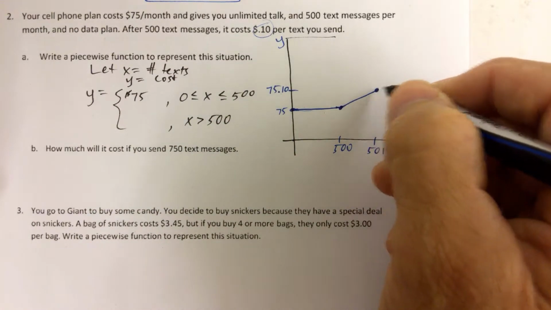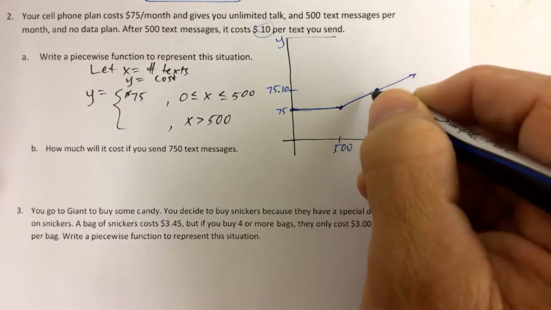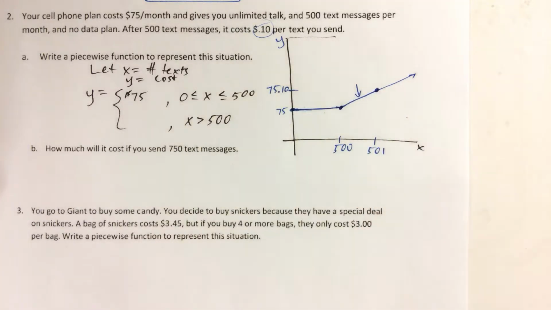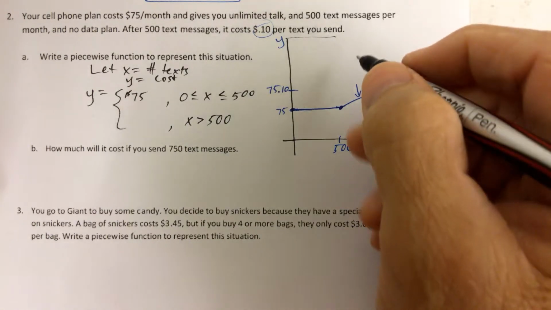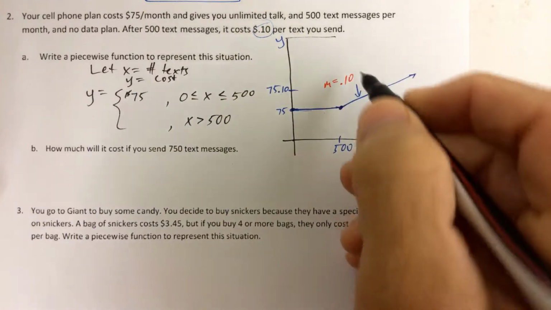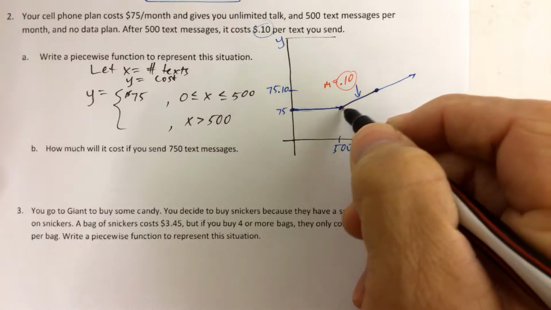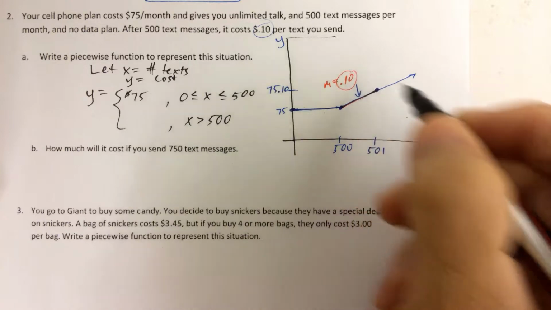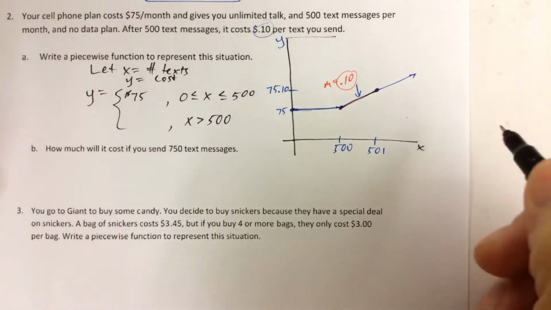And so we keep going like that, but the rate of change here, the rate at which you're increasing the amount of money you pay, is 10 cents per text. So the slope of this line is 0.10, or 10 cents.